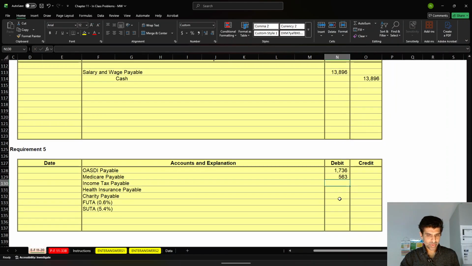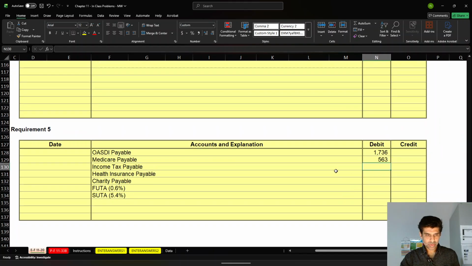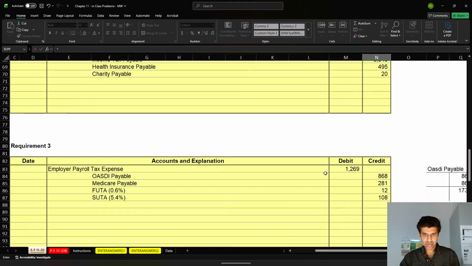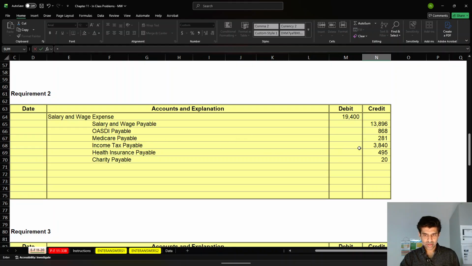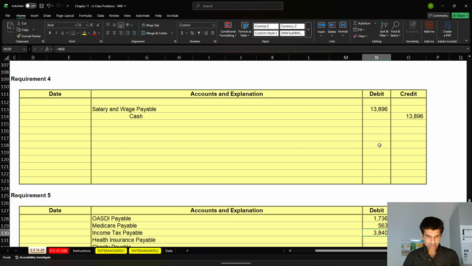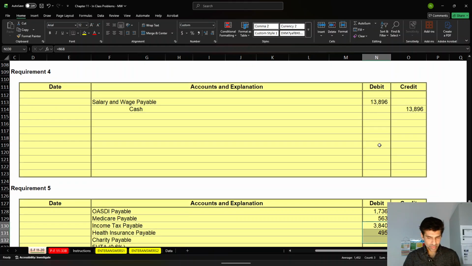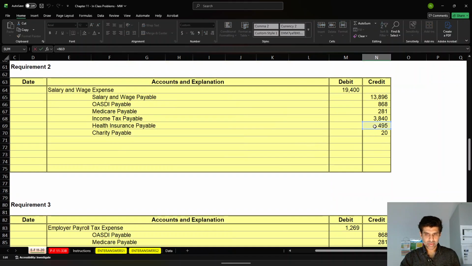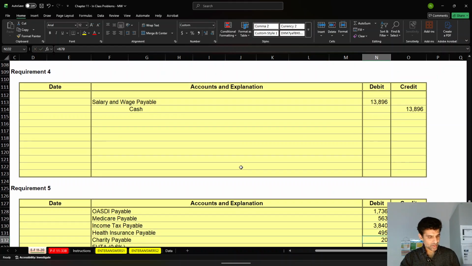Okay, so I have these 2. Oops. Income tax, I'm just going to get from here. And then I'm just going to apply these 2 downwards, okay, because it's the same. You can see here, health insurance, charity.